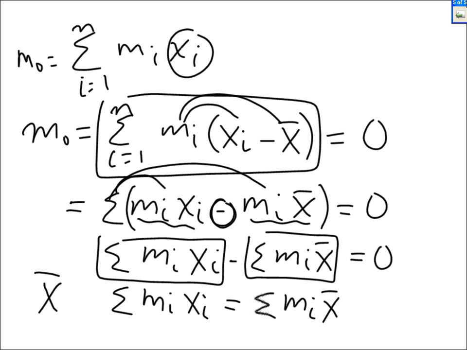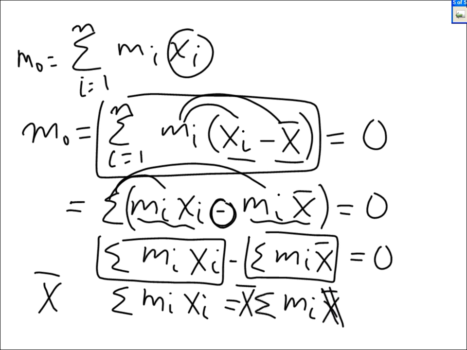Now, if you think about it, x bar is our number. You moved it 5 units to the right. That's why you wrote xi minus 5, x bar. X bar is a constant. You could factor it out in front. You can put this x bar in front.